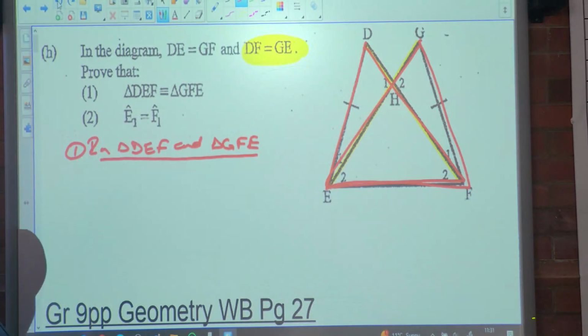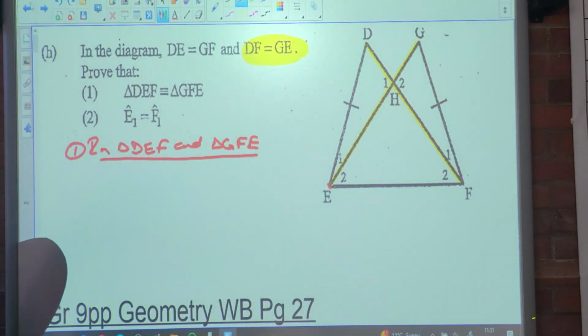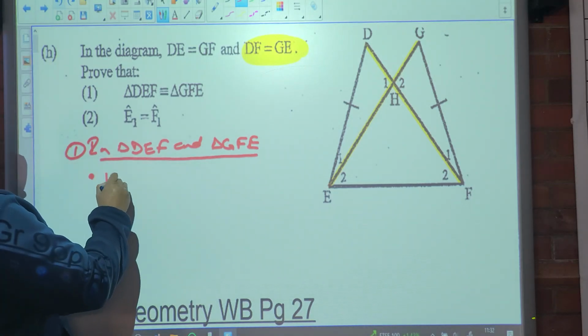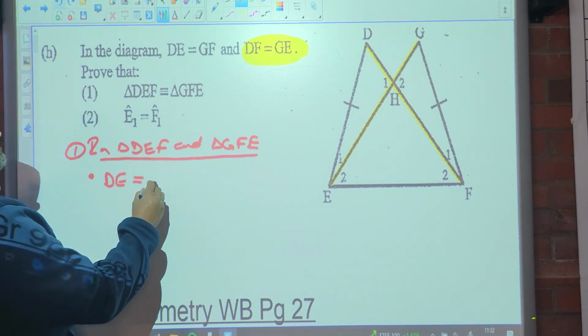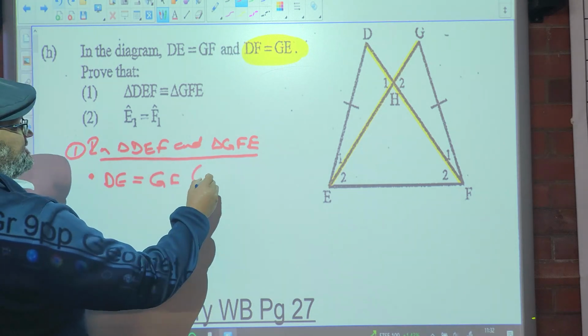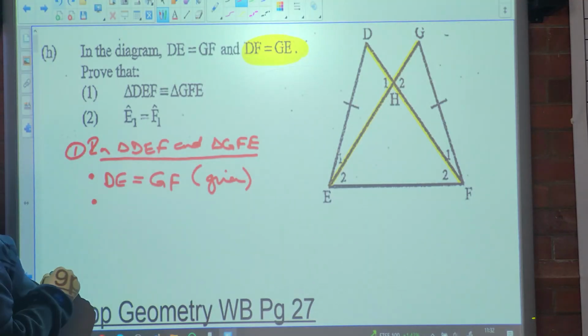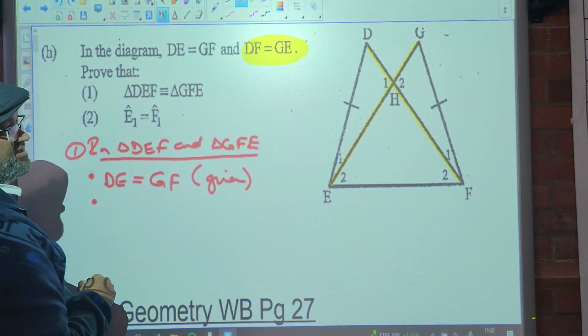To prove congruency is one of four cases, okay? So what can I say about the two triangles from the offset, from the beginning? DE is equal to GF. Why? Given. Secondly?